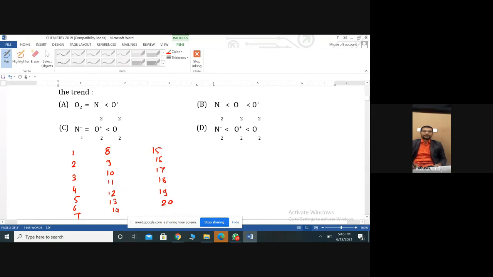Now, check it carefully. Can you see 14? For 14, we have to put 3. Everyone, be with me. With 14 electrons in our molecule, we put the bond order as 3.